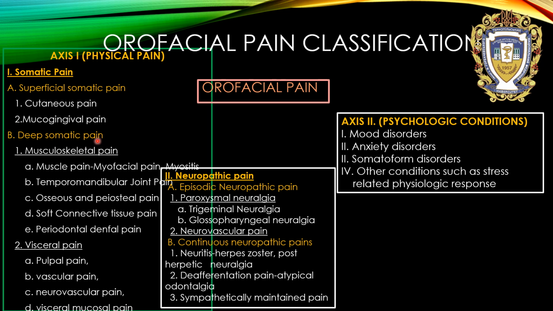Division B, deep somatic pain. As I told earlier, it is musculoskeletal pain, muscle pain, myofascial facial pain, myositis, temporomandibular joint pain, osseous and periosteal pain, soft connective tissue pain, periodontal dental pain, or visceral pain: pulpal pain, vascular pain, neurovascular pain, visceral mucosal pain.